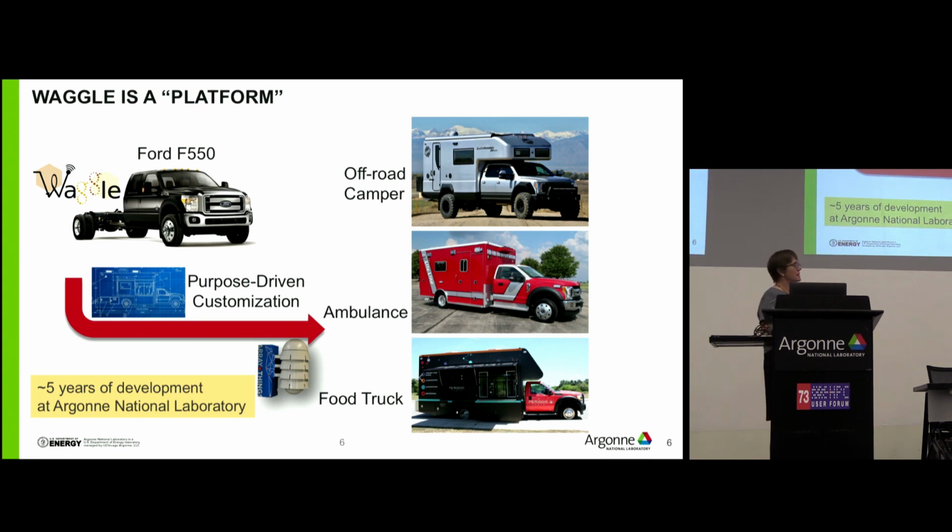When you think about a platform, here I have a Ford F-550, and that can take various customizations. It can be a camper, it can be an ambulance, and actually at Virginia Tech, it's a periodic table food truck. We started working on this platform to address this problem, and one customization of the platform that has gained a lot of recognition worldwide is the ArrayOfThings project.